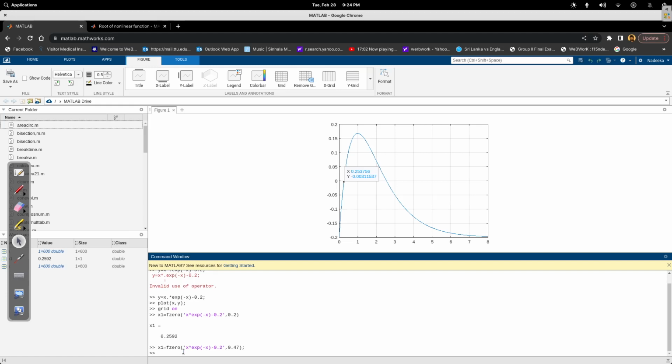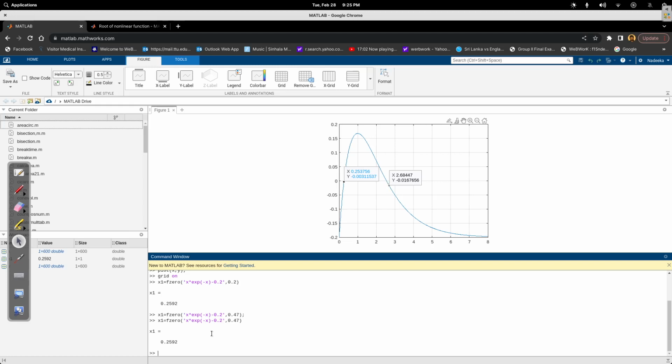Sorry, this is not 0.47; I need something close to this root.